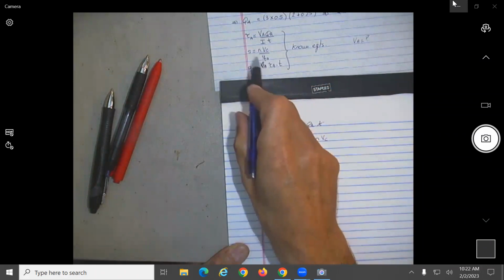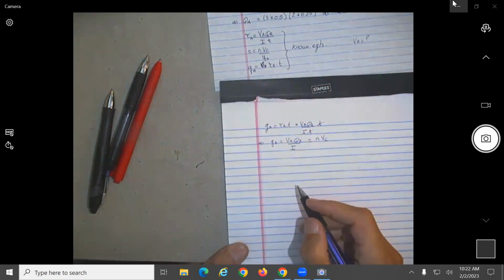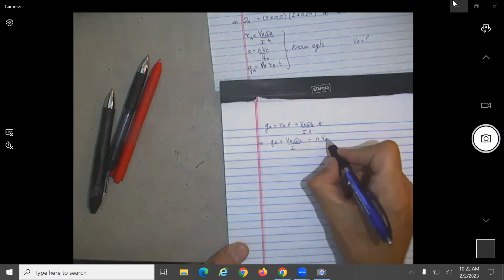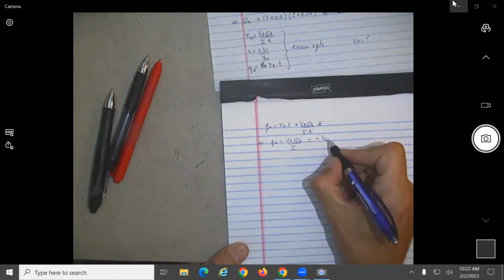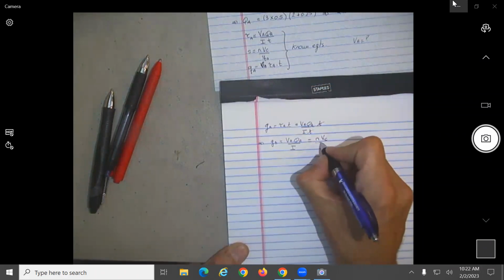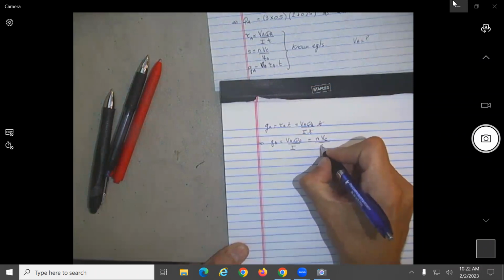From this one, I can find q sub A equal to N, the number of connectors, times the shear force at which the nail or connector will fail, divided by the spacing.